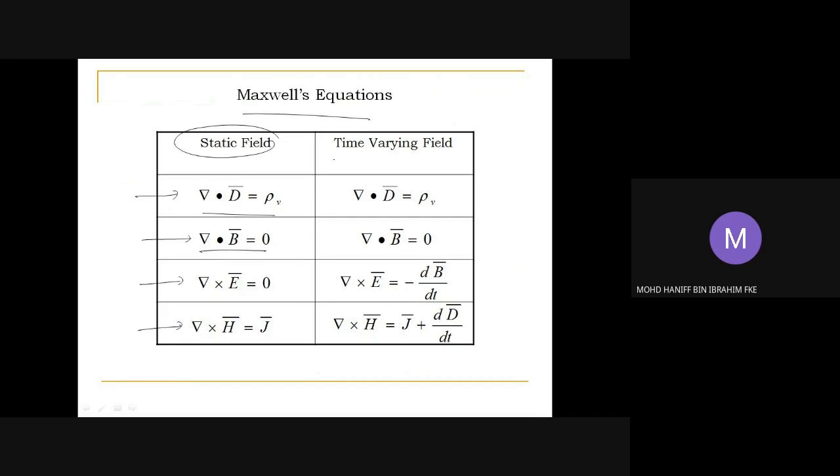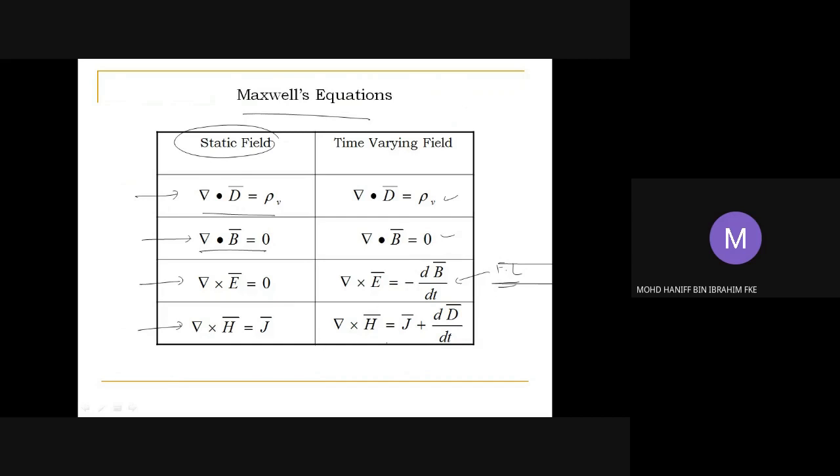In time-varying fields, there will be significant changes. For the first and the second equations, there should be no changes at all; both are still the same. But for the third one, the curl of E equals negative dB over dt, the change is due to Faraday's law.